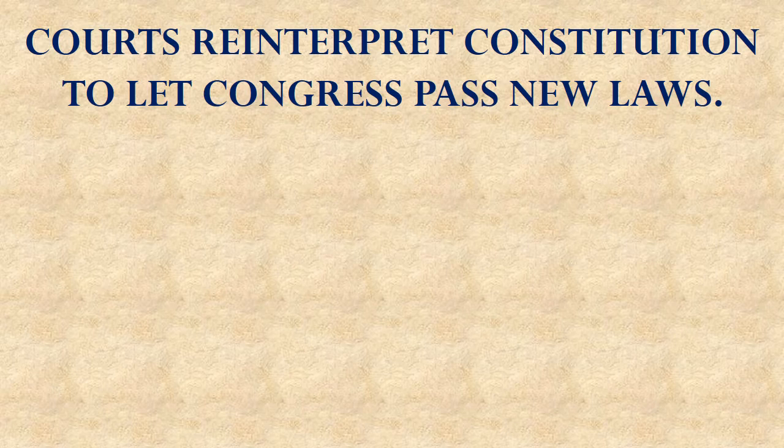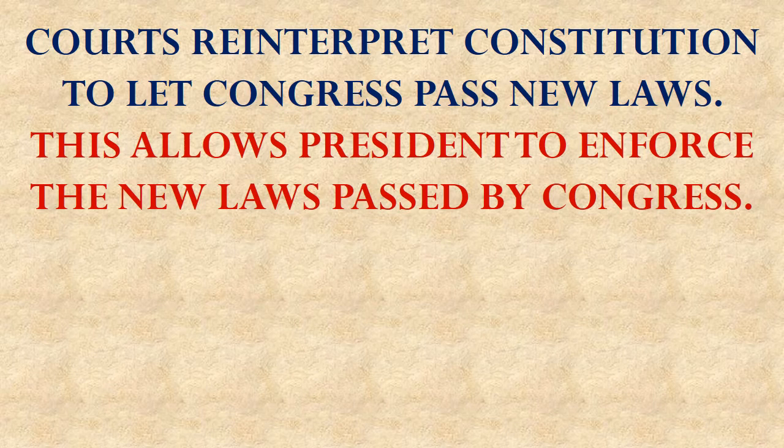So while Congress is supposedly limited to its powers listed in the Constitution, if the courts simply give new meaning to those things listed in the Constitution, then they effectively give Congress new powers. Now, why would they do that? Because when they let Congress have new powers to make laws in new areas, then the president gets to enforce things in those new areas.